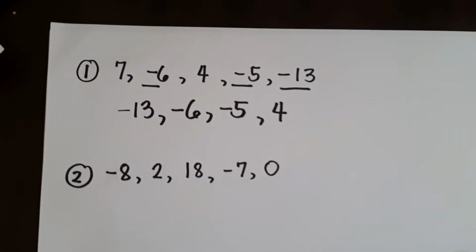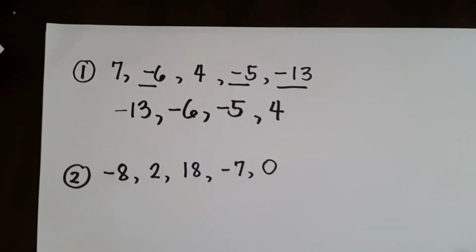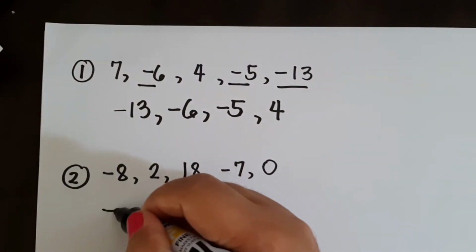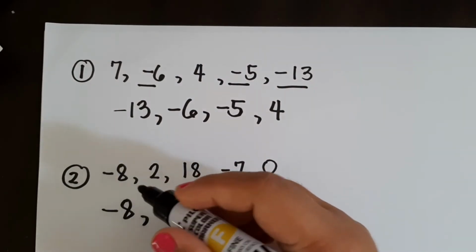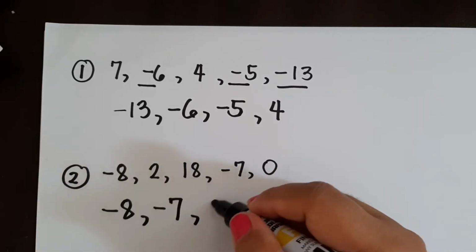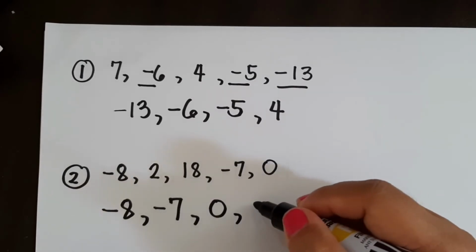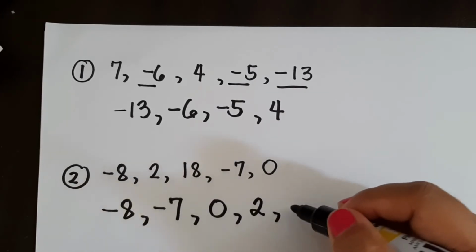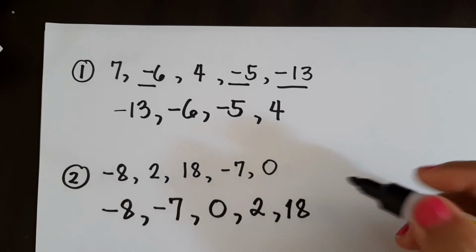Next, how about number 2? So, what is the lowest? Yes, that is negative 8. Next is negative 7. Next is 0. And next is 2. And the highest is 18.